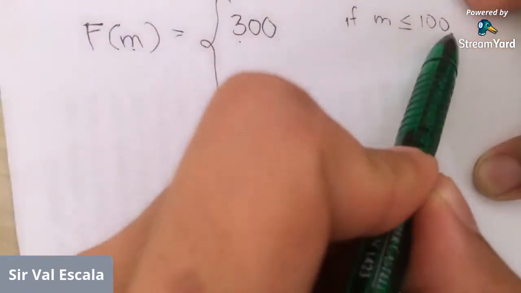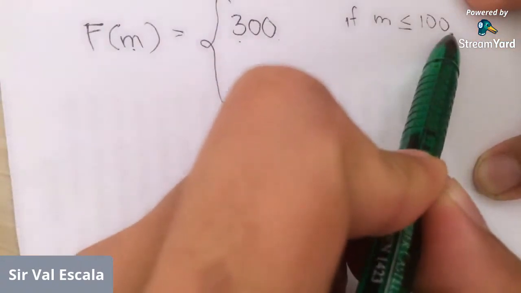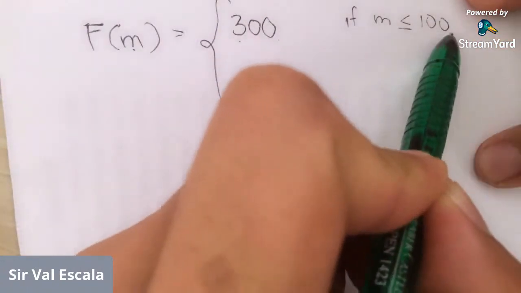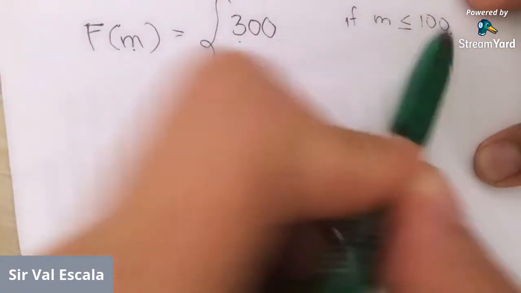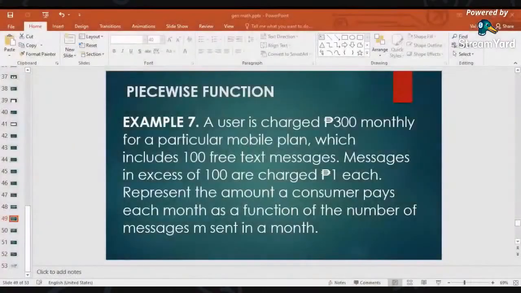Tama? Kasi ang ating mobile plan lang ay 100 text messages. Kapag sumobra, magcha-charge daw siya na magkano? So based on the problem, magcha-charge daw ng excess of 100 are charged by 1 peso each.